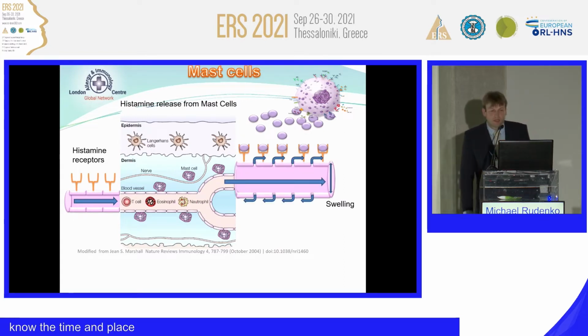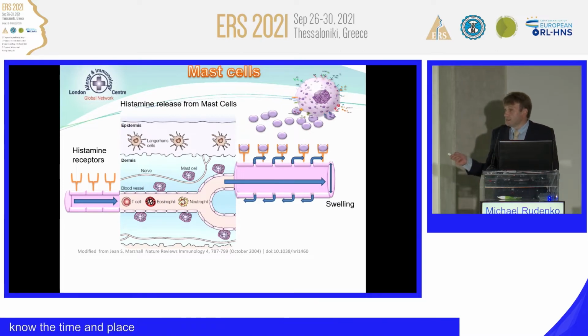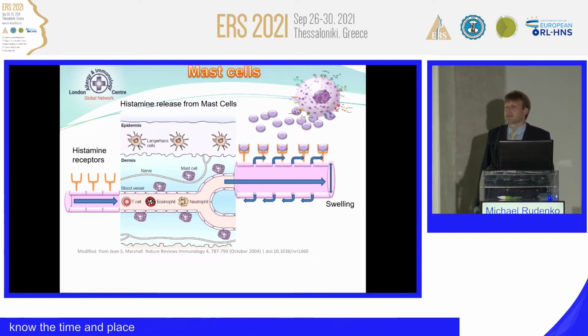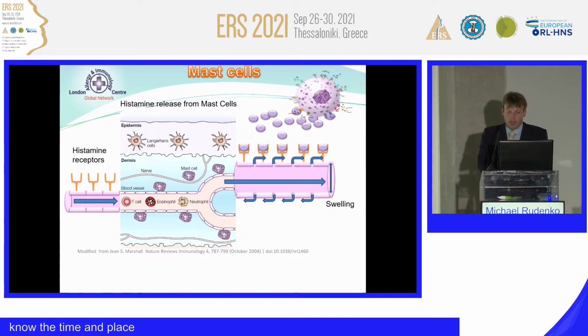When these receptors are taken by the histamine released from the granules in mast cells, there will be a signal going to the nerves. Also, there will be relaxation of the blood vessel, and this blood vessel will open up, and water will start leaking out of the blood vessels, and there will be swelling. That will also affect the nerve endings, and people will experience itchiness as two main problems.